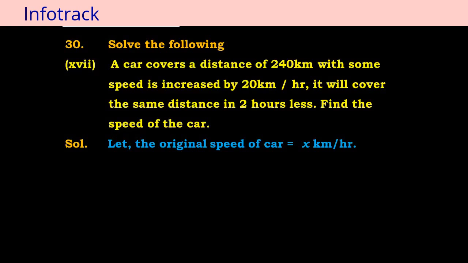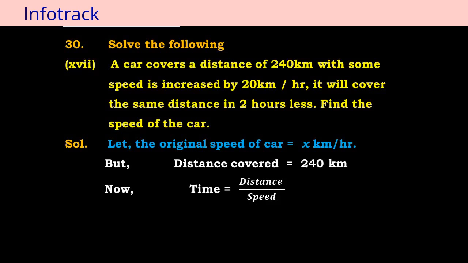Now see, speed is increased, right? And at the original speed the distance covered is 240 kilometer. So we can write time is equal to distance upon speed. So time taken by the car is equal to 240 upon x hours.